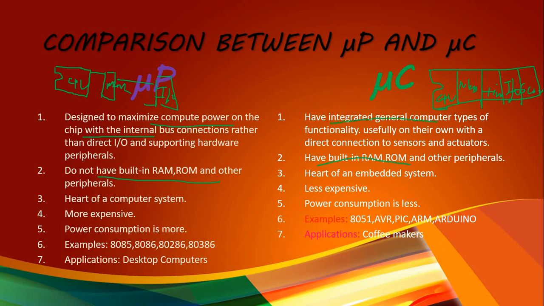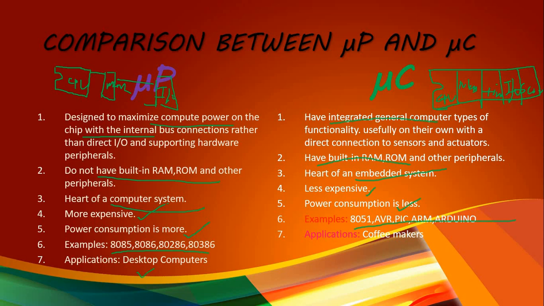Next, it is the heart of a computer system. It is used only in a computer system. It is the heart of an embedded system. Microcontrollers are used in embedded controllers. Its expense is more, its power consumption is more, due to this space requirement. Okay, its power consumption is less. Here are some examples of a microprocessor and a microcontroller.